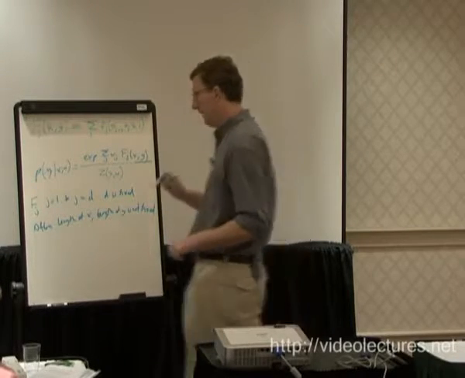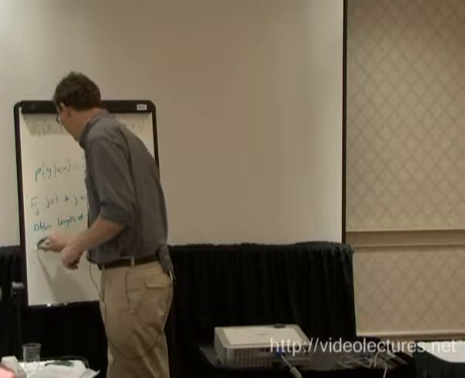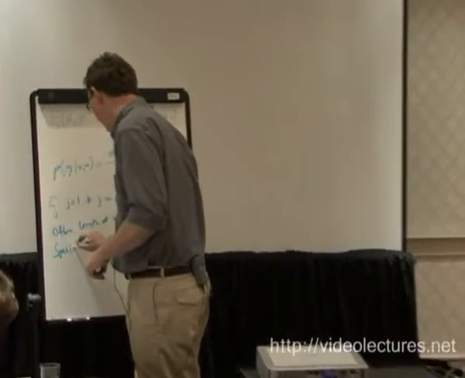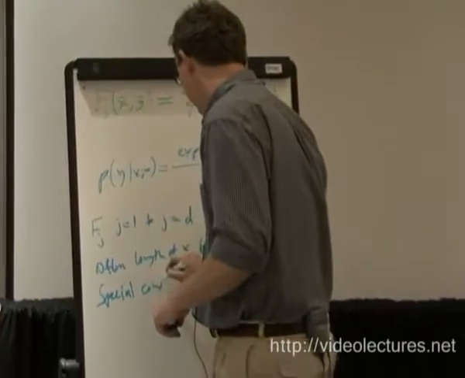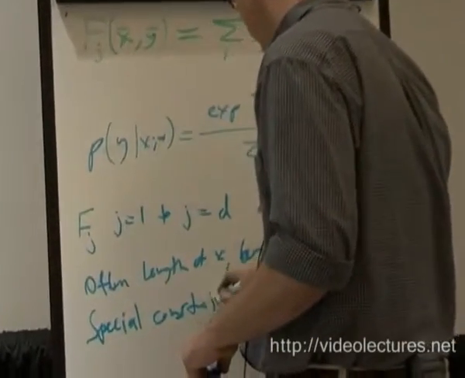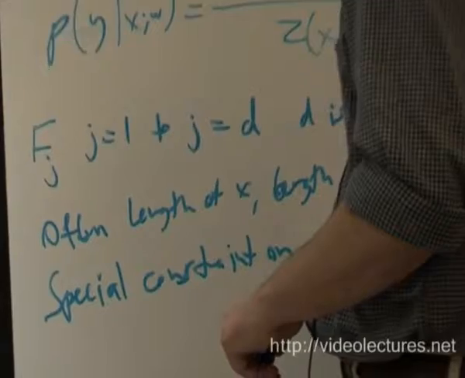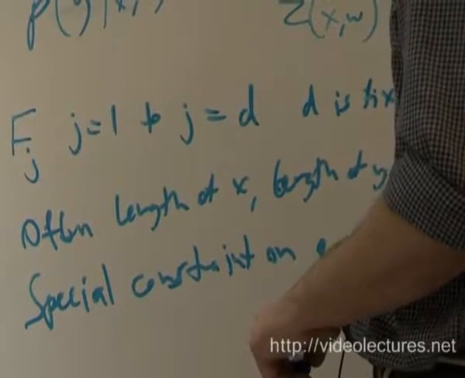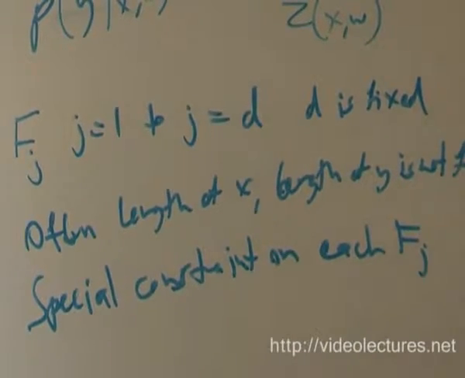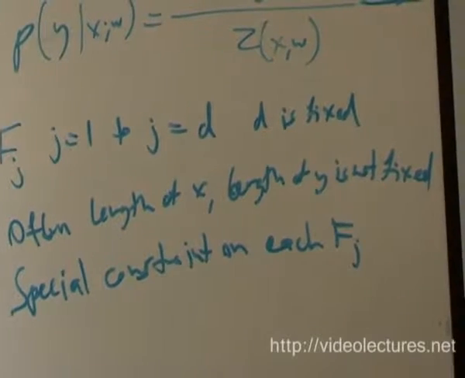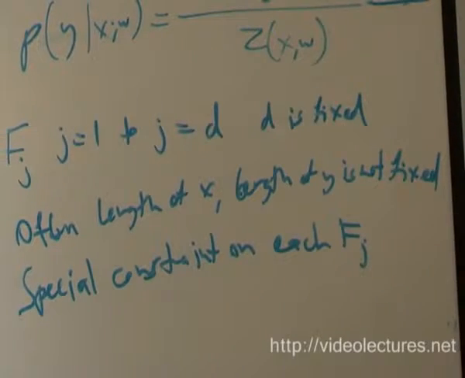But then we can have a special constraint on each fj, and that's what I wrote up here.